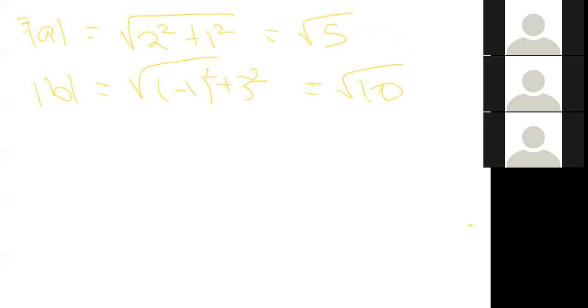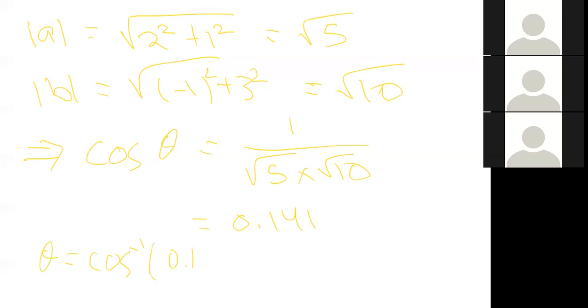Cosine theta equals the dot product of A and B, which was 1, over the square root of 5 times 10, which is equal to 0.141. Then putting that into our calculator, theta would be the inverse cosine value, which comes out at 1.429 radians.